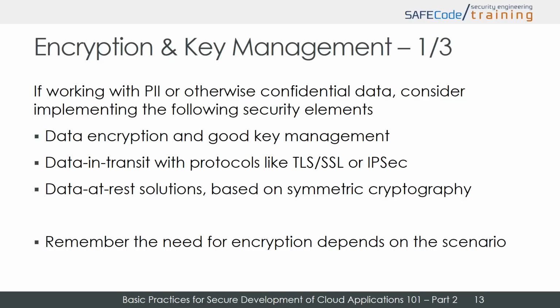As a security architect, the key point here is to consider which types of data, in terms of data in transit or data at rest, should be protected under certain use cases, for example, when leaving a system or trust boundary. Remember that the need for encryption always depends on the application scenario. Nonetheless, let's explore the crypto elements here a little further.